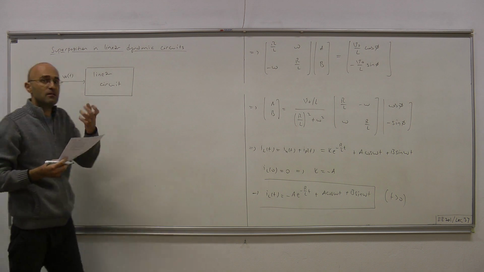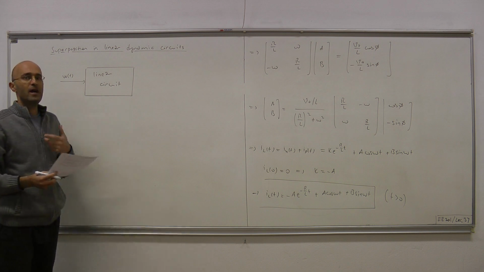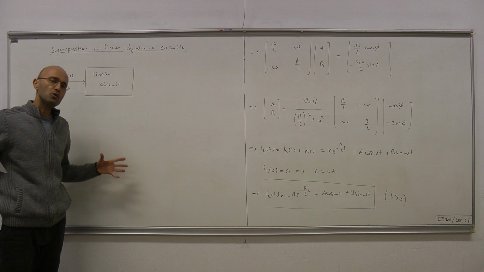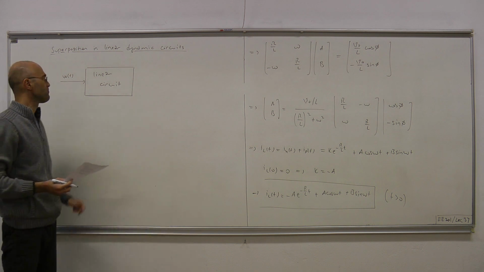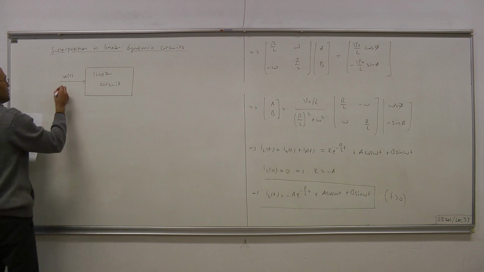By input we mean the general case where we are allowed to have a number of independent voltage sources and a number of independent current sources. All those voltages and currents together make the input vector of this circuit.